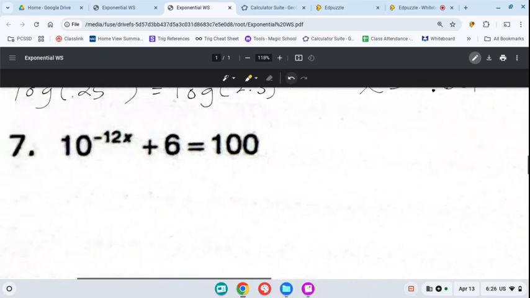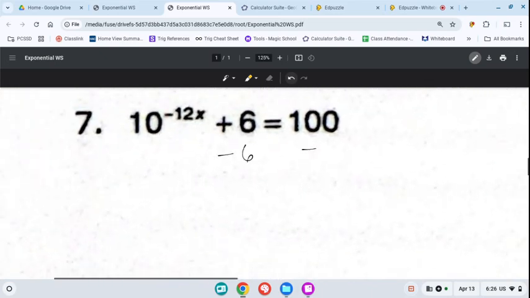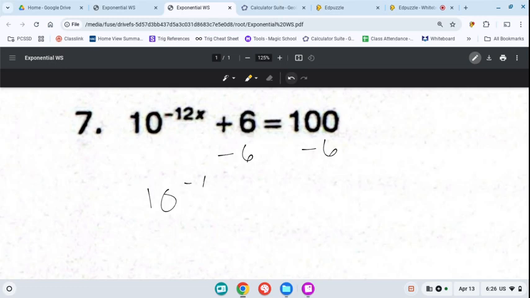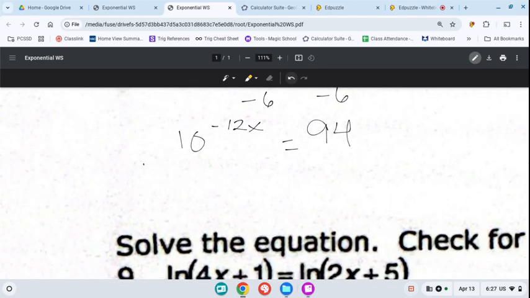All right, number 7, subtract 6. What is that? 94 equals 94. So now I have the log of 10 to the power of negative 12x equals the log of 94.